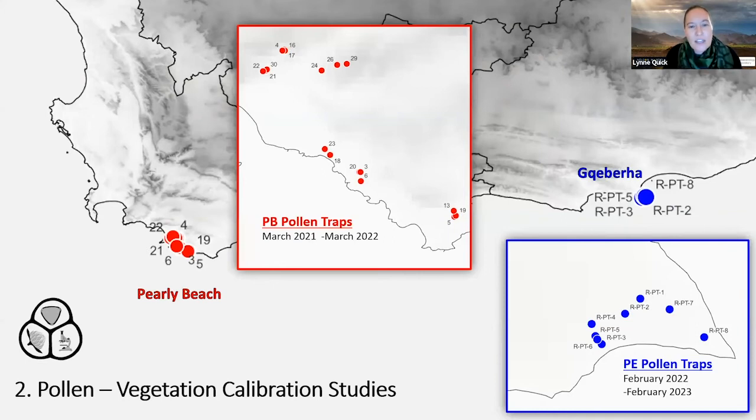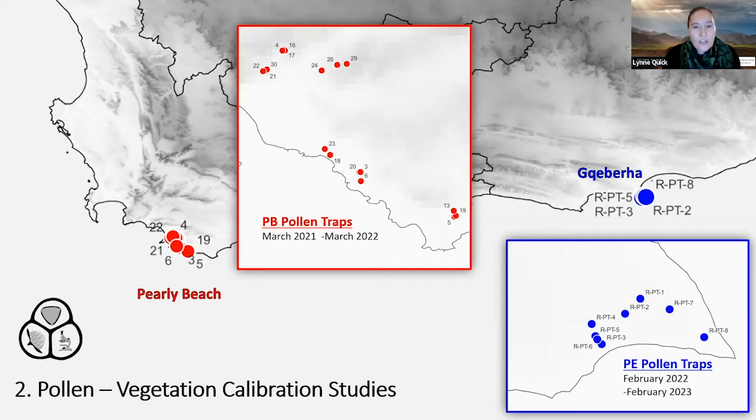I'm also looking at pollen traps which we have set up, which stay in the landscapes, in this case in the Pearly Beach area and within the Nelson Mandela Reserve, where we are doing more modern pollen calibration work, trying to see if different vegetation types have different pollen signals.